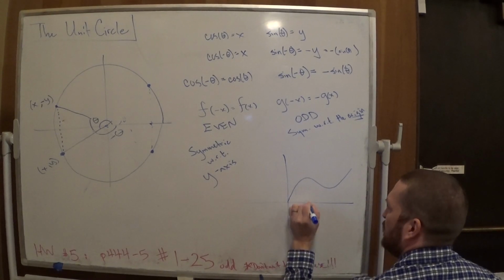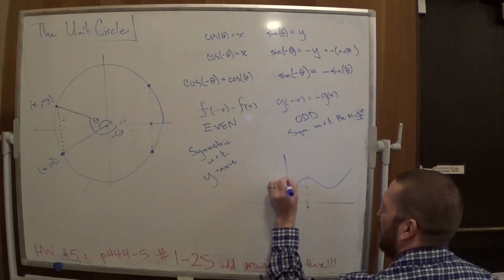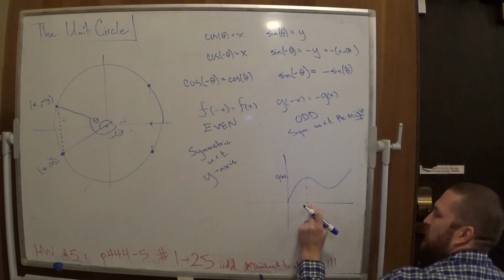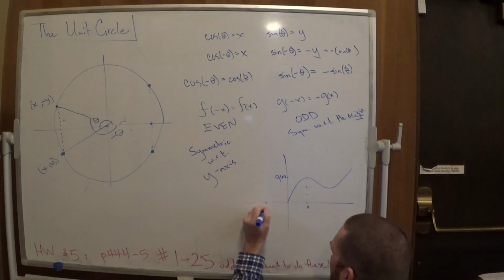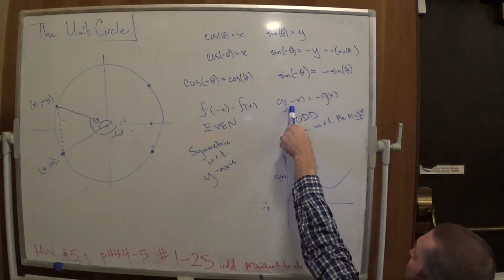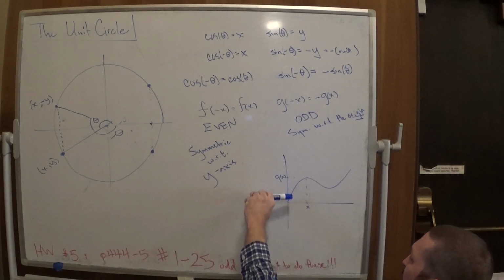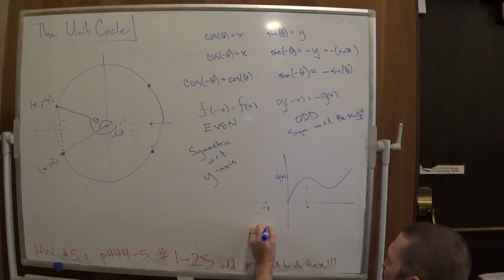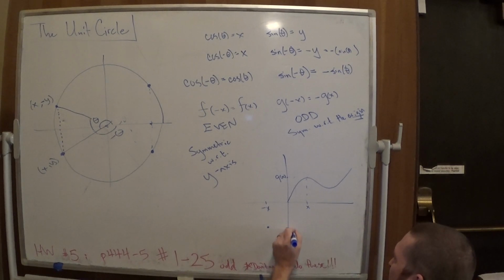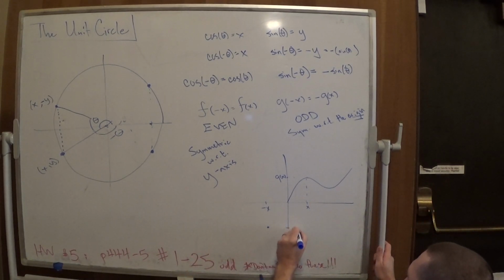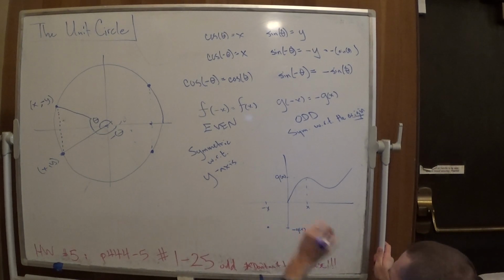You go to x, you plug it in, and you get out a g of x. That's your height. Well then, if you go in the opposite direction to negative x, this says that you get the negative of whatever that height is. So it would be flipped down to here. And ditto for all the other points. This would be negative g of x right here.